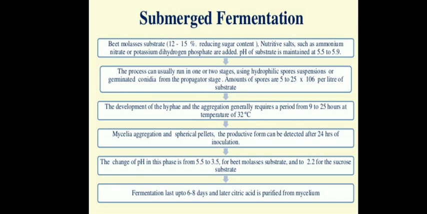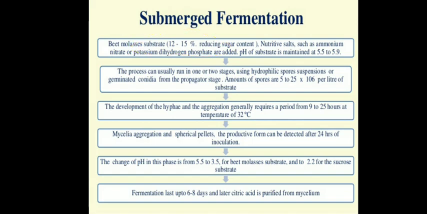Now, the first process is media designing. The media which is utilized for the submerged fermentation is beet molasses substrate, and this beet molasses substrate should contain near about 12 to 15% reducing sugar content.